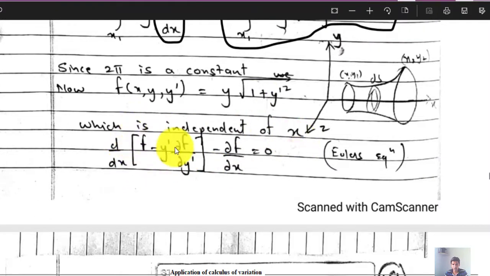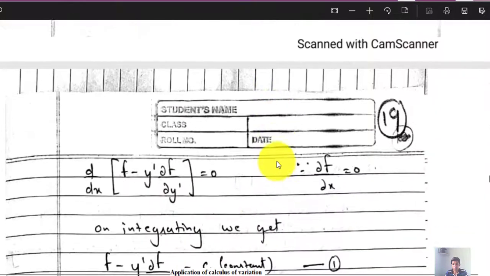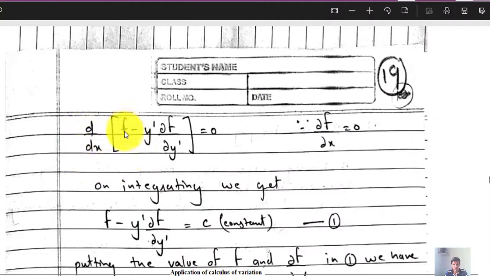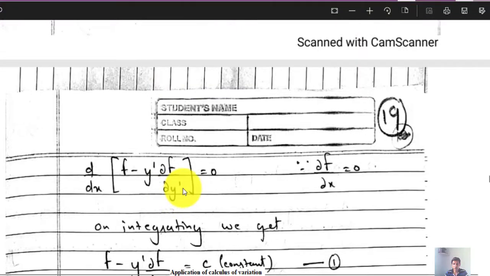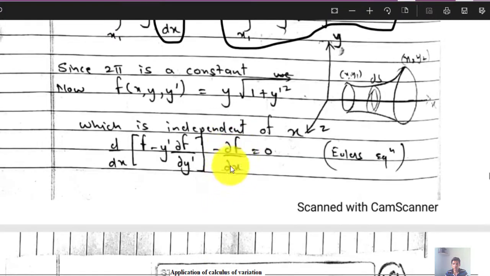So one form of Euler's equation is d by dx of f minus y prime dou f by dou y prime, minus dou f by dou x, equal to 0. Now dou f by dou x is 0, because f does not contain the variable x.